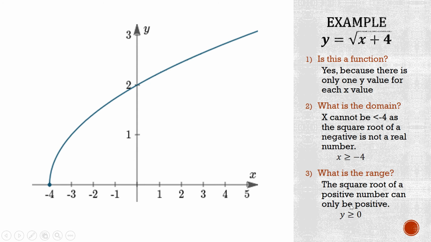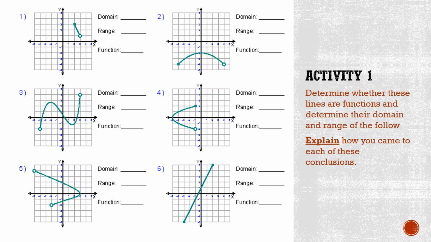The best way to do this is actually to graph it. But if you have an understanding of some simple formulae like the quadratics that we've been working with, you should be able to predict what the domain and range are without any issue. So let's have a look here. We have 6 questions here.